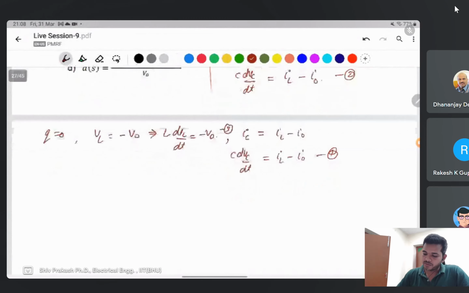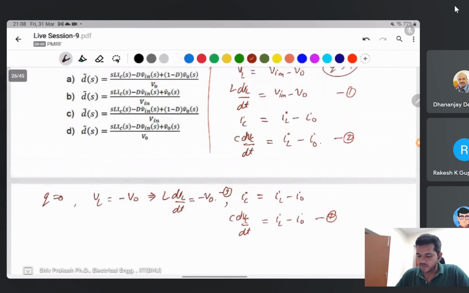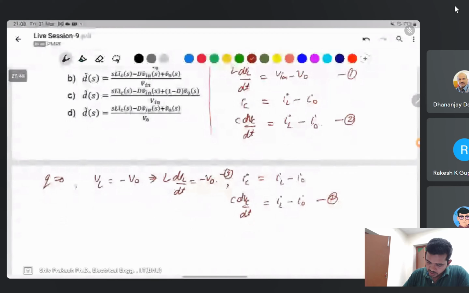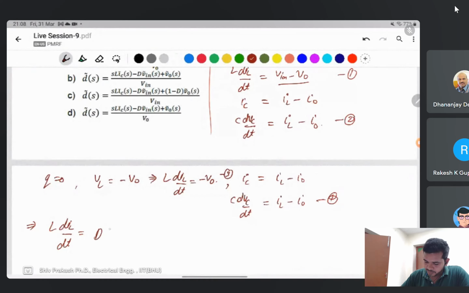Next step is to combine the inductor voltage, and then combine the capacitor current. If you combine the inductor voltage, you find L di by dt. Total L di by dt is equal to, when the duty is on, d into V in minus V output, plus when the switch is off, 1 minus d into minus V naught.